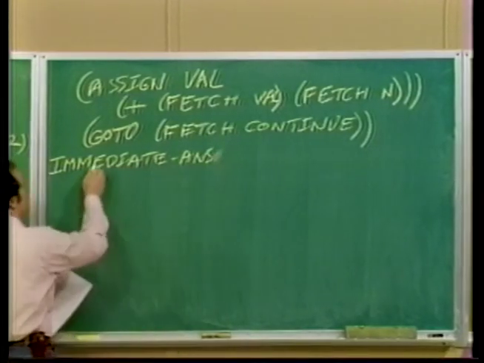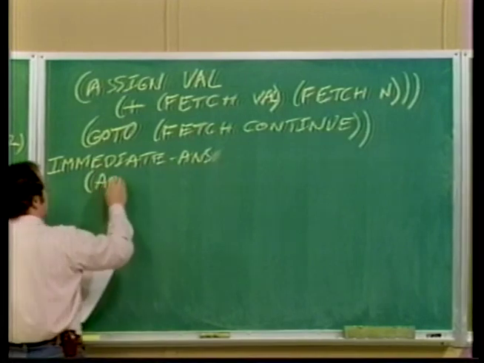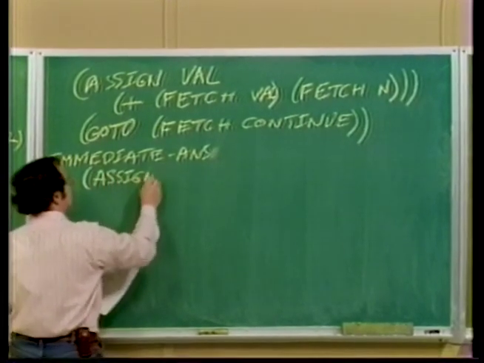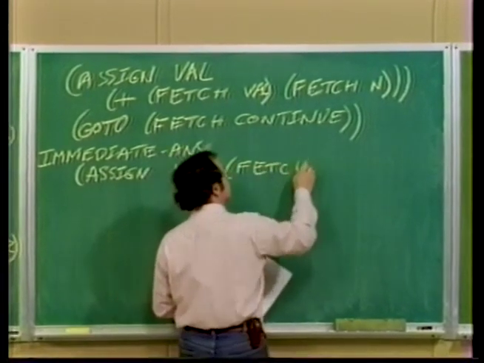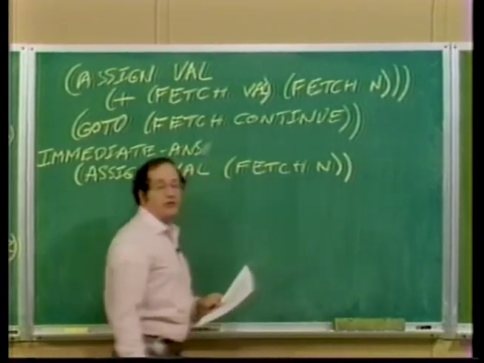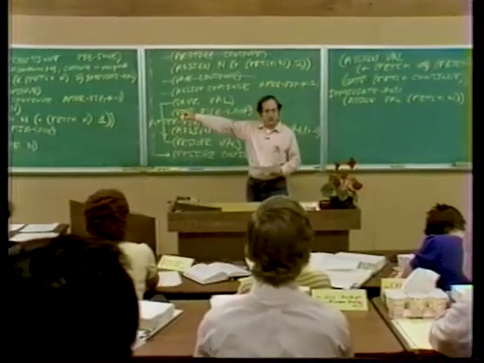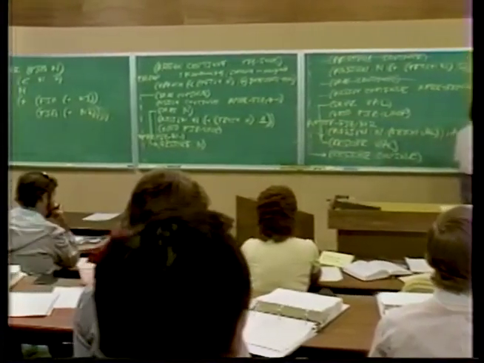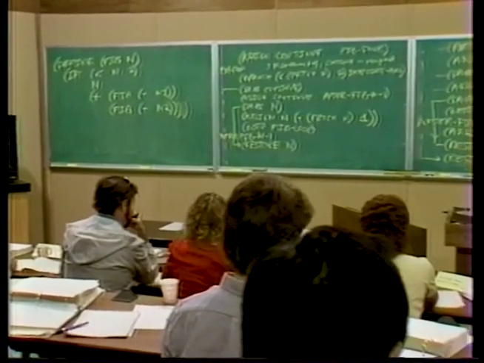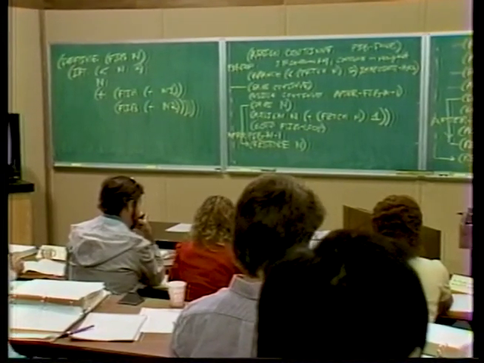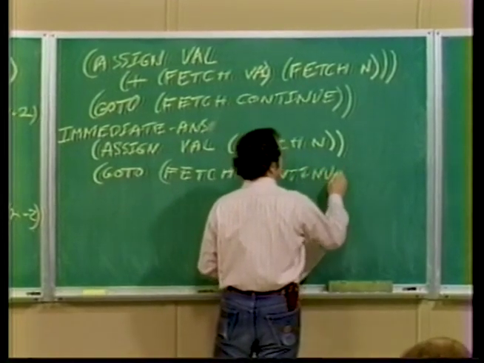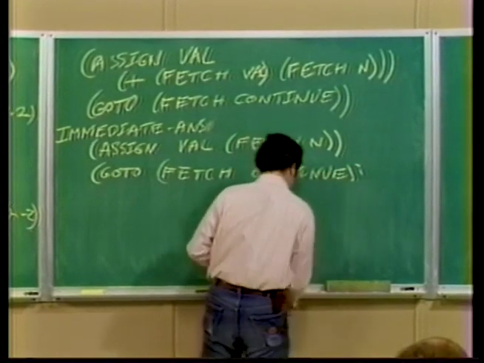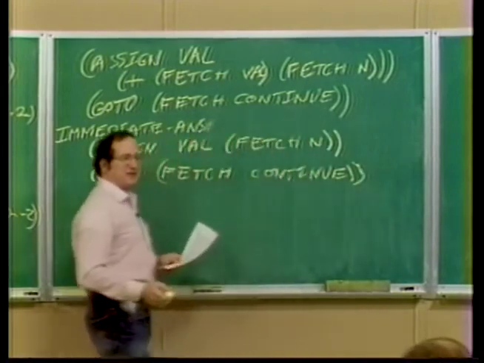Yes, which is nothing more than assign to val fetch of n, because n was less than 2 and therefore the answer is n in our original program, and return. Continue. Almost. And finally fib done.